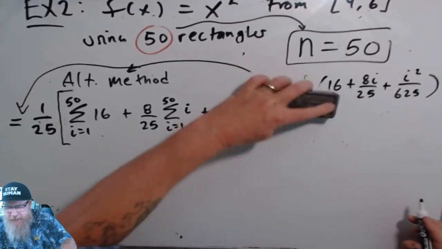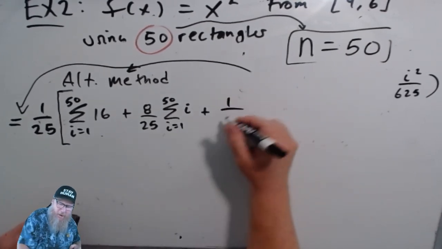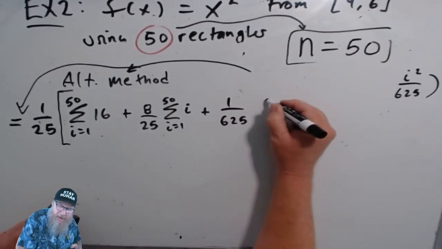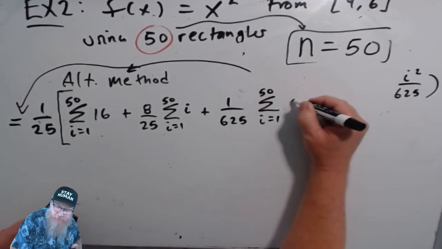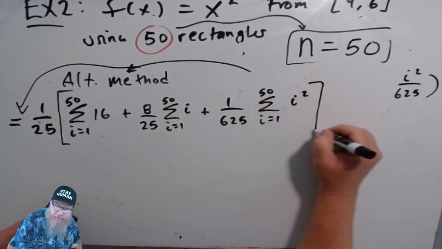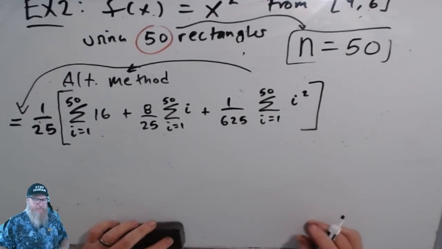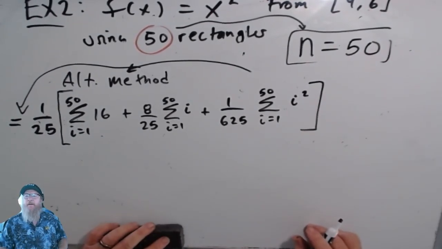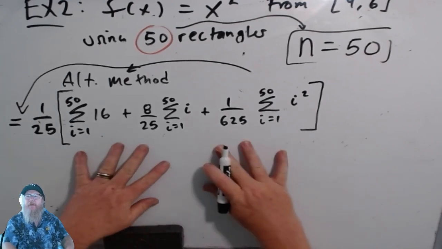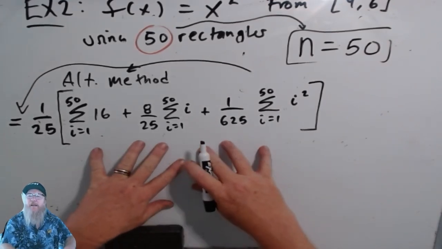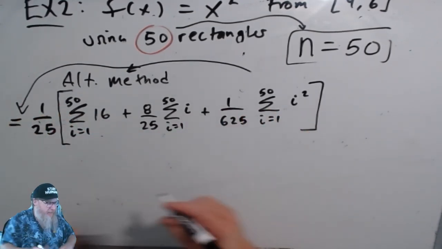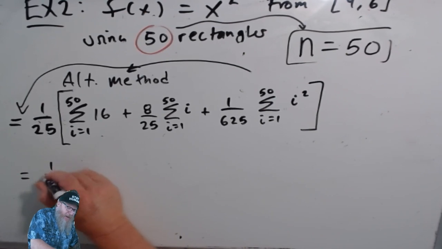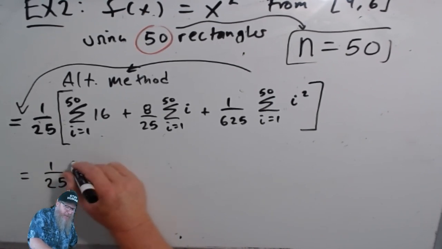And then I'm going to bring out the 1 over 625, and then I'm going to do the sum of i squared. So this is the Riemann sum expanded, and I have not calculated anything yet. And now watch what happens when you go to calculate it.